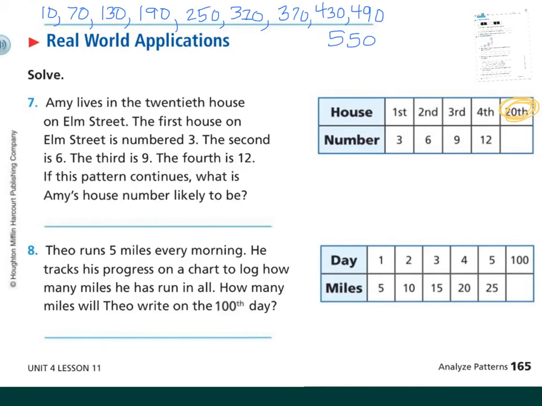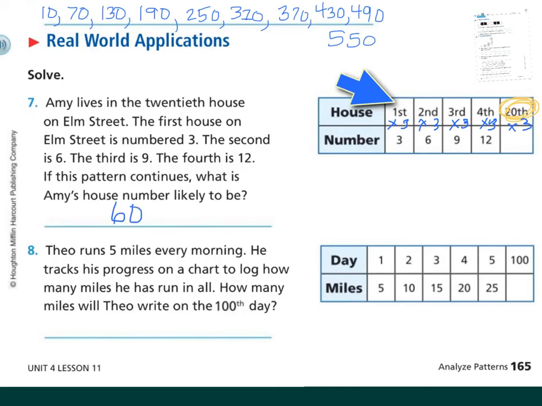If you're not sure what I was talking about, this right here. So since this rule works 4 times consistently, what would the 20th house number be? 20 times 3. So the house number would be 60.